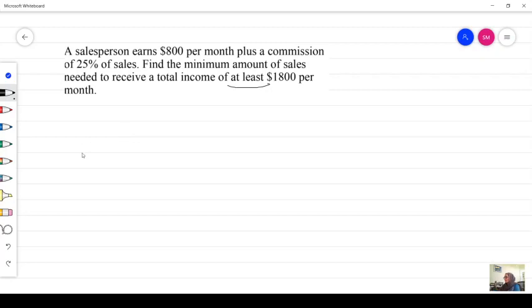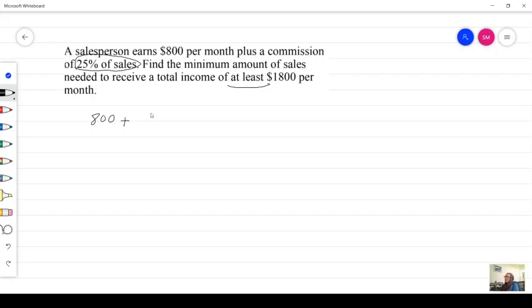So I'm going to translate this. I'm going to say 800 per month, so that's 800, plus a commission of 25% of sales. The commission is 25% of sales. Do I know how much he sold? No, I don't.